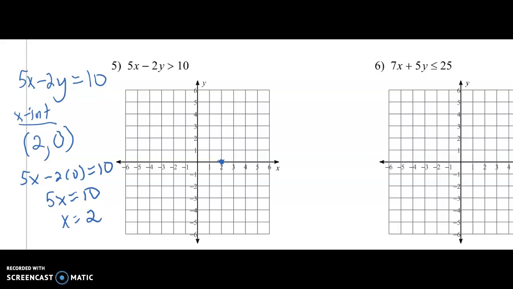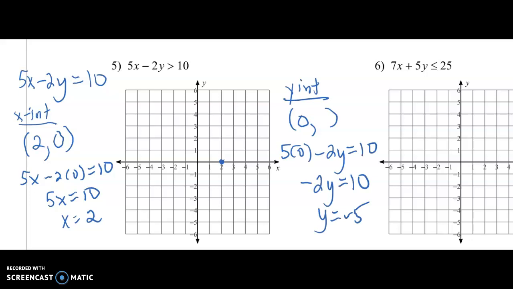Now I want you to see if you can figure out where the y-intercept is. Let's see how you did. Now again, the y-intercept has an ordered pair where the x-coordinate is 0. So we're going to be plugging 0 in for x in our equation.